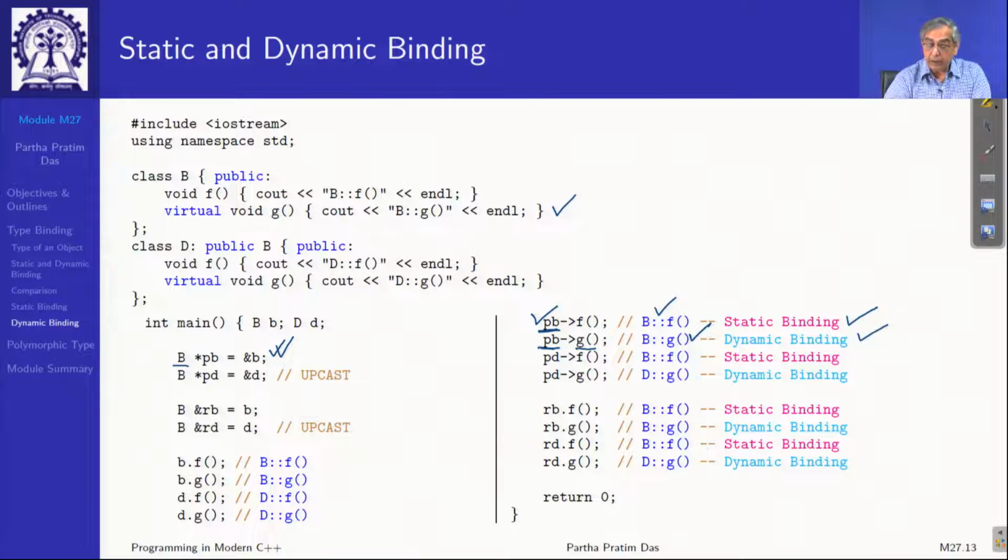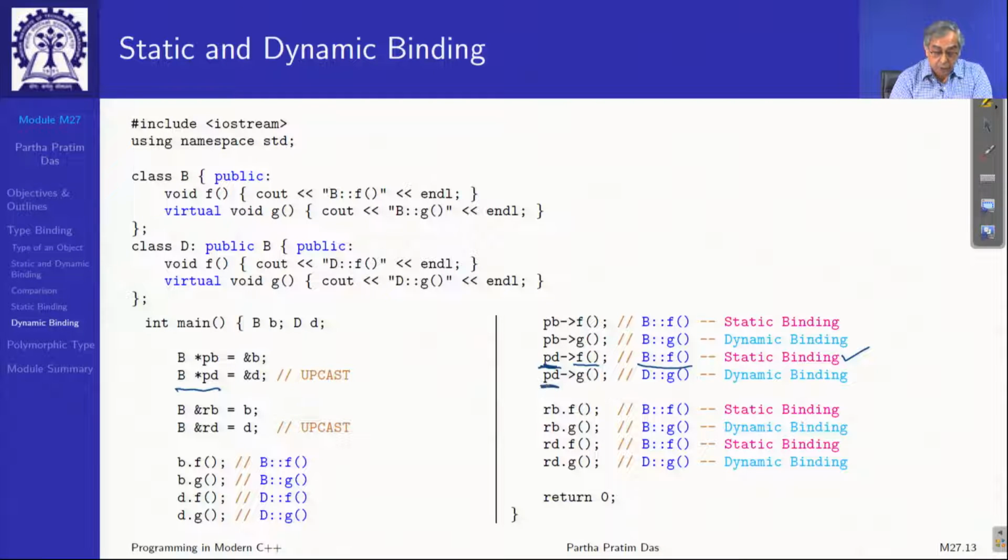Now, take a look as to when we have p d. What is p d? p d is of type base class, but it is actually pointing to a derived class object. So, when it does that for a non-virtual function, you have static binding. So, it is decided by the type of p d and B::f is called.